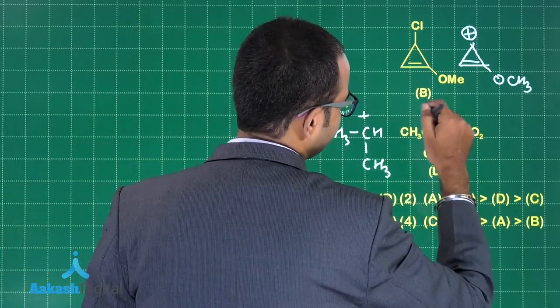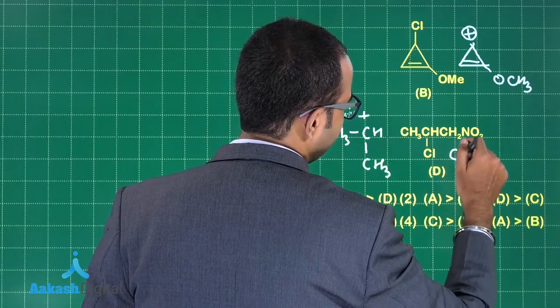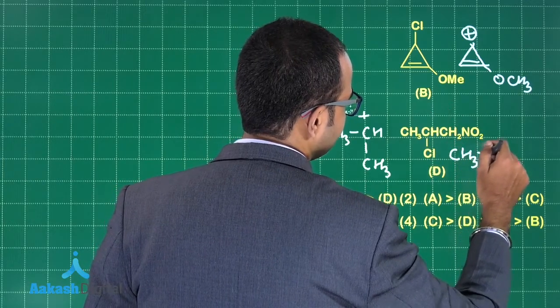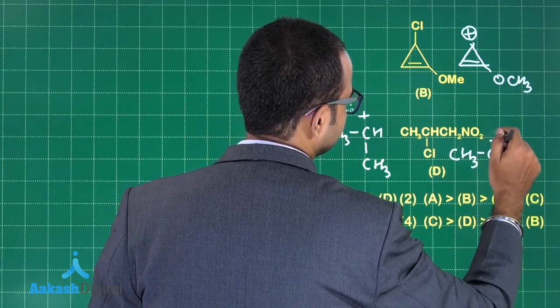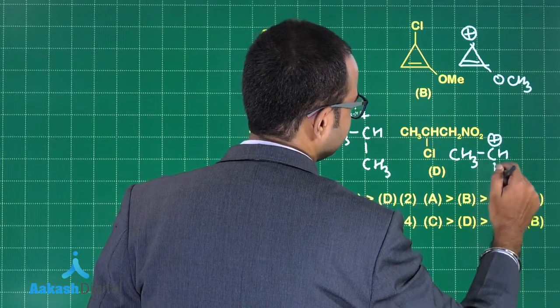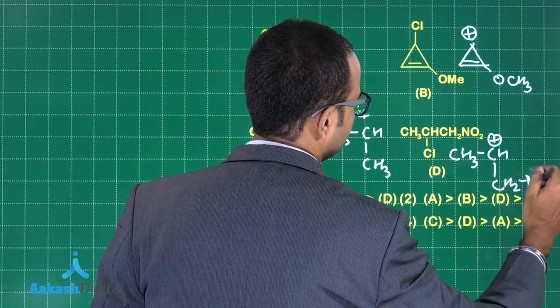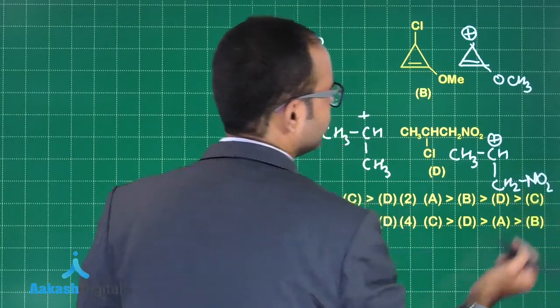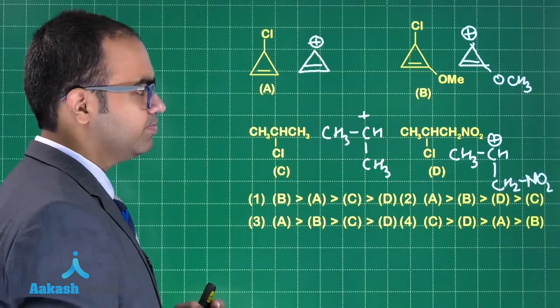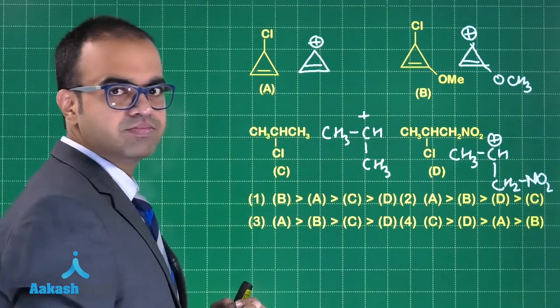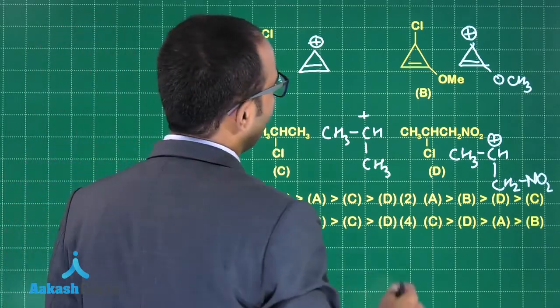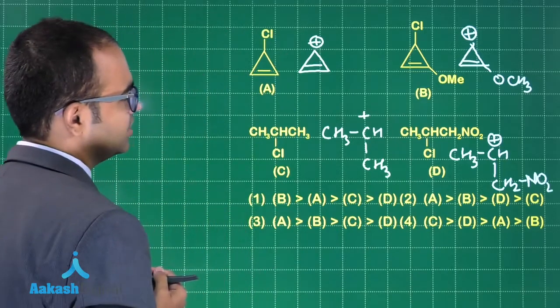Here we'll get a positive charge on the second carbon, CH2 NO2. Okay, yes. So now look at the stability of these carbocations.